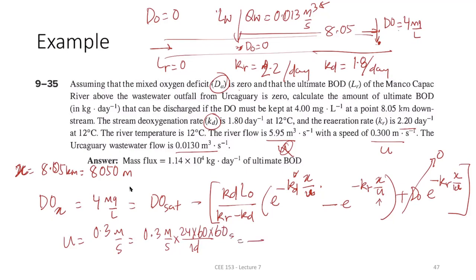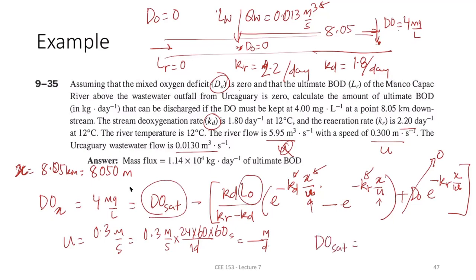So this value would be meter per day. You know this value which is given, KD, KR is given. The only thing that's not given here is this value and this value.